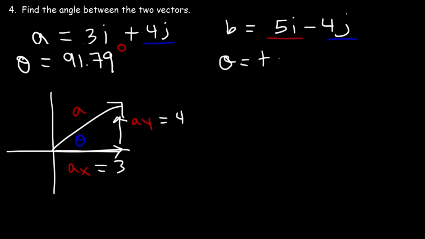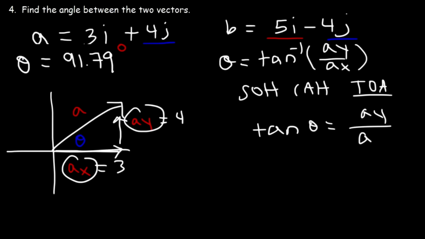It's arctangent of AY over AX. If you recall from trigonometry, based on the expression SOHCAHTOA, if we focus on the TOA part, tangent of theta is equal to the opposite side, which is AY, divided by the adjacent side, AX. So arctan of AY over AX will give you theta. So that's why we can use this equation.